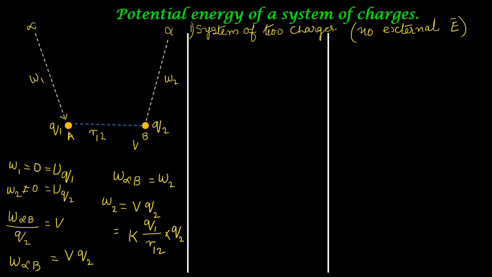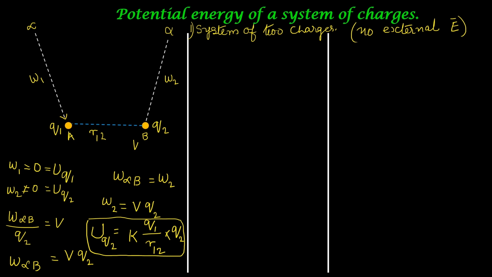This work done is stored in the charge as potential energy. That is UQ2. That is potential energy of the charge Q2. We can easily calculate the potential energy of the second charge Q2 using this formula. UQ2 is equal to K Q1 by R12 multiplied by Q2.